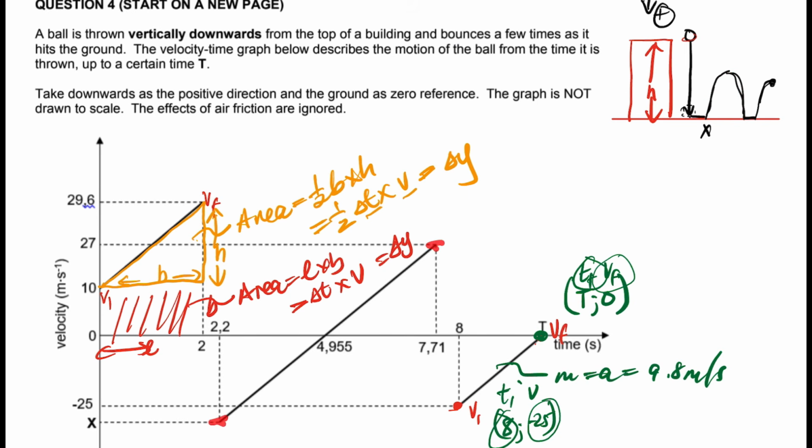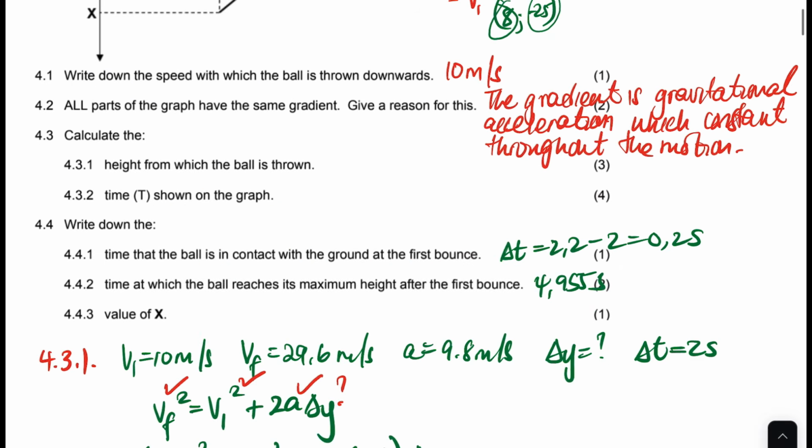These two values should be equal, but this one is negative because it's going in the negative direction, and this one is positive because it's going in the positive direction. So the answer is the same value but negative 27, so it's negative 27 meters per second. That's the velocity.